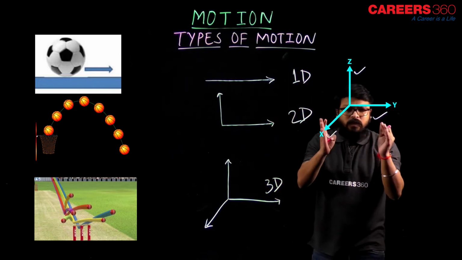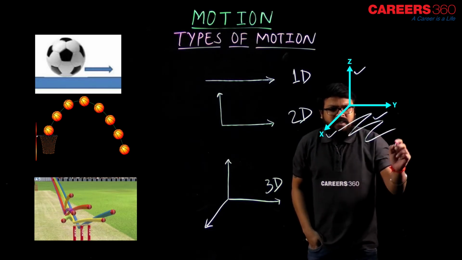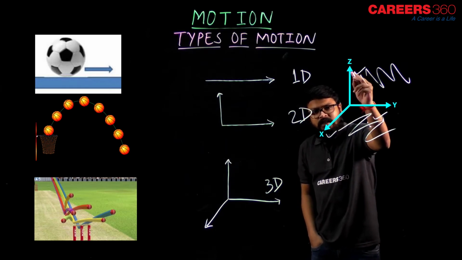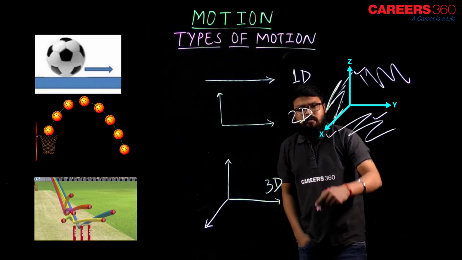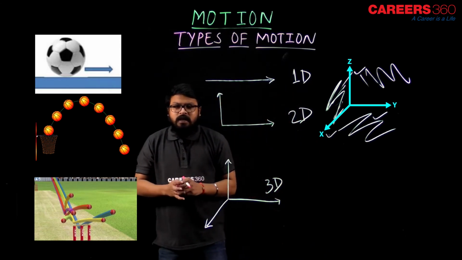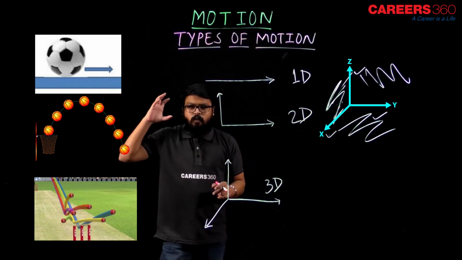It means, as you can see, if I use xy, it's a plane. Or yz, it's a plane. Or zx, it's a plane again, right? So what I'm trying to say over here is, in case of motion of the football, it is 1D.